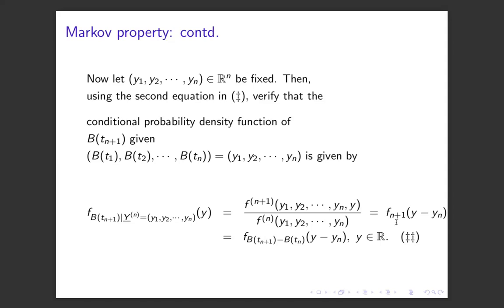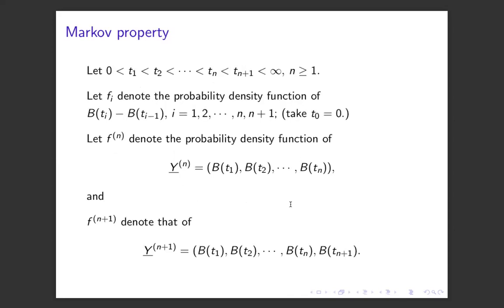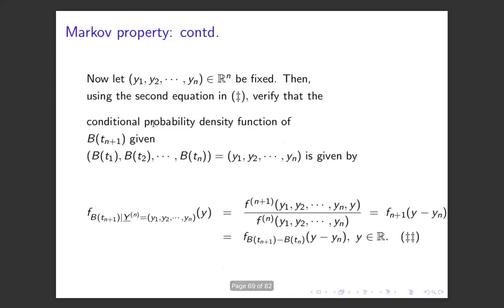Now recall this Fn plus 1. Fn plus 1 is the probability density function of Btn plus 1 minus Btn. Therefore, this Fn plus 1 is precisely the density function of Btn plus 1 minus Btn evaluated at y minus yn.